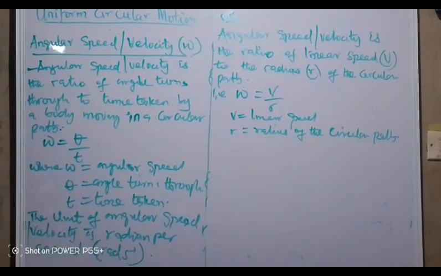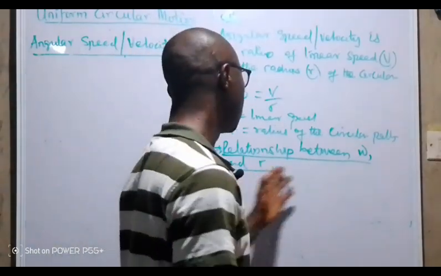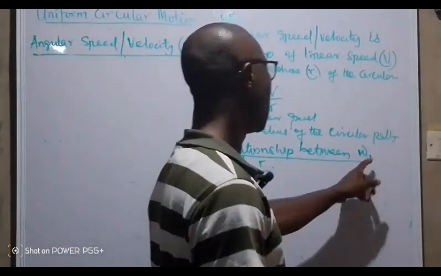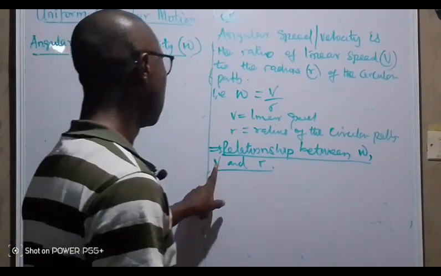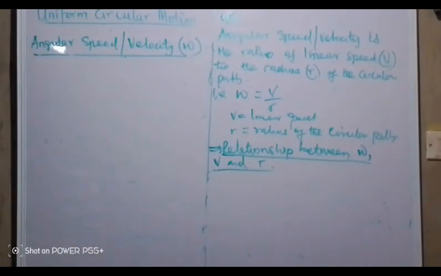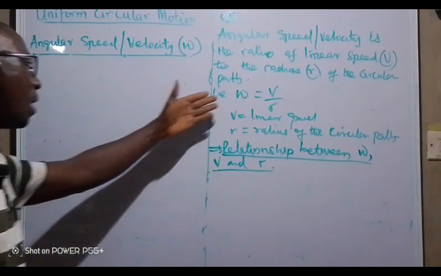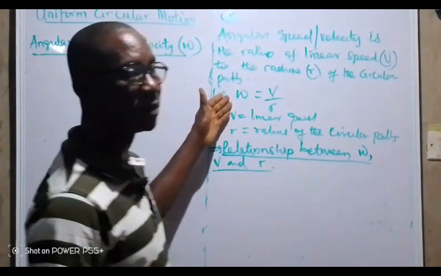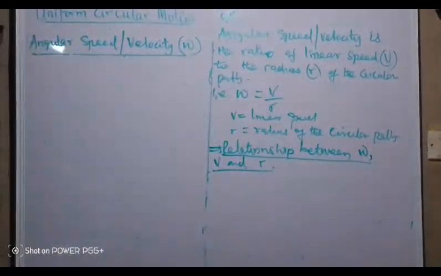Now, the next thing is we want to look at the relation between the angular speed or angular velocity, linear speed, and the distance or radius of the circular path. That is how we will arrive at omega is equal to v over r. This is what we want to look at now.